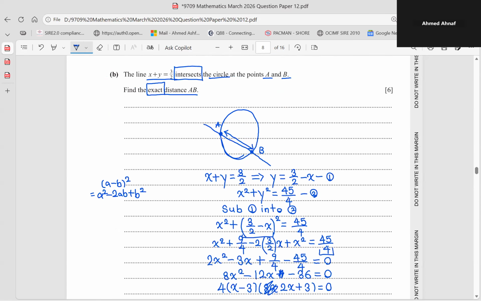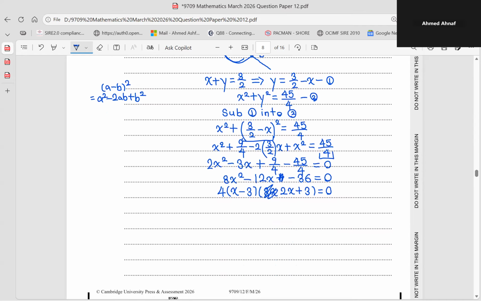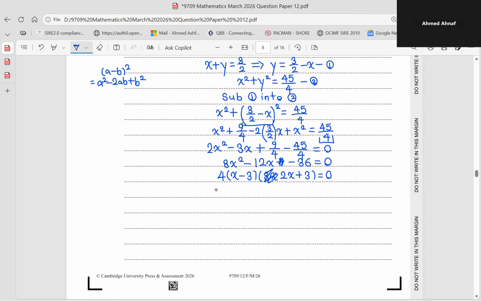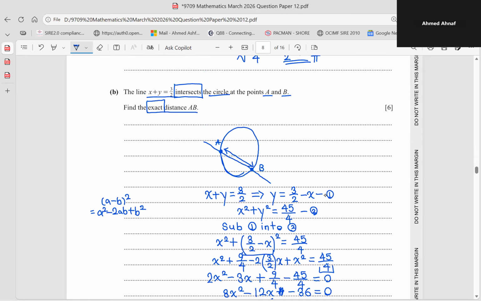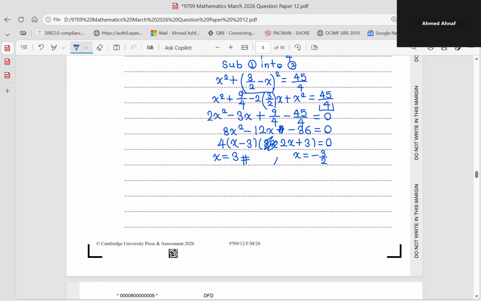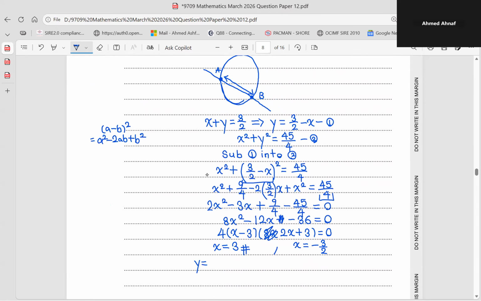I'm already running out of space. I'm just gonna straight away write down the x values. So x equals 3 and x equals negative 3/2. And I'm also just gonna write down the y values. So y is just 3/2 minus x.